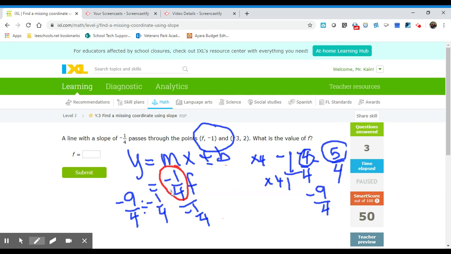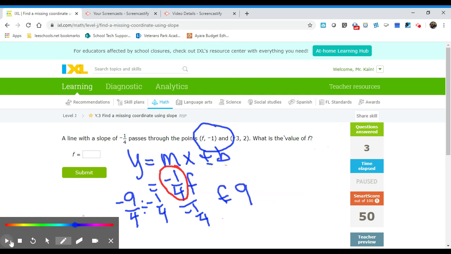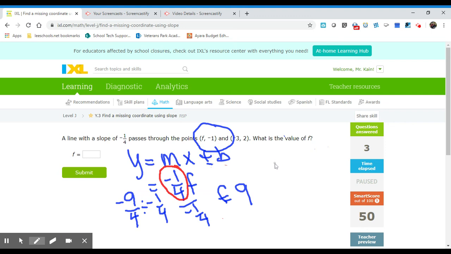So how do I divide fractions? I use keep, change, flip. So let's do that right up here, okay? So let's do negative 9 fourths divided by negative 1/4.